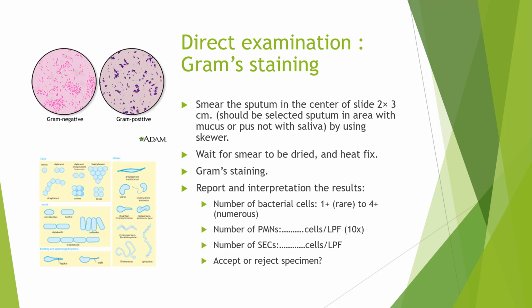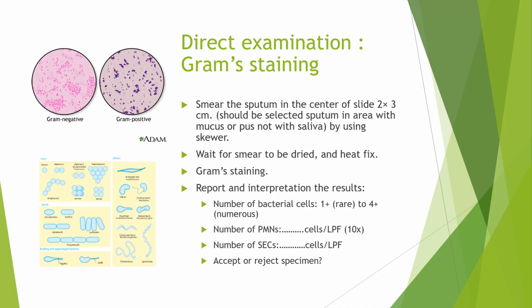After getting the sample, the next thing that we're going to do is direct examination, which is gram staining. We use a wooden stick or skewer, and we break it into 2 pieces. Then we use the broken ends to pick up the sputum and smear it thinly into the center of the slide, 2 by 3 centimeters.